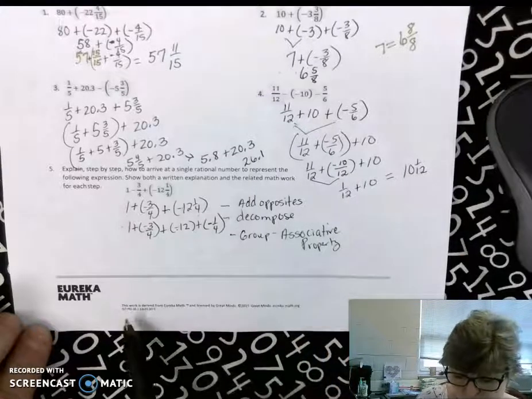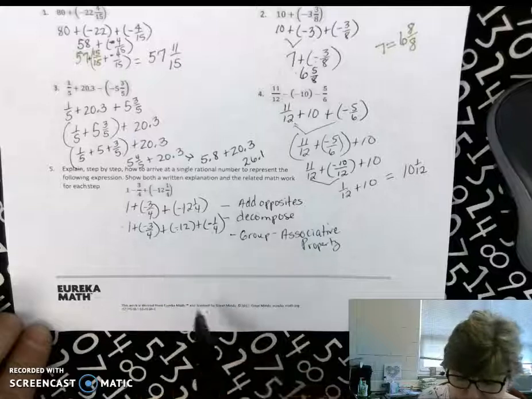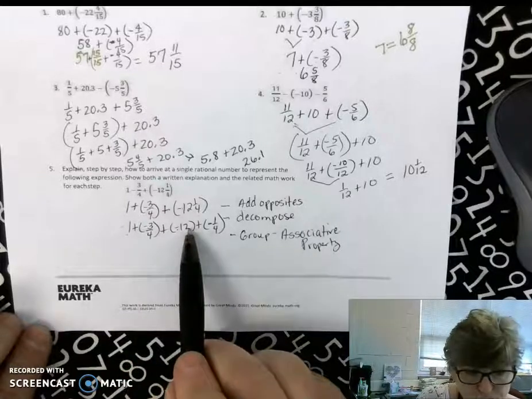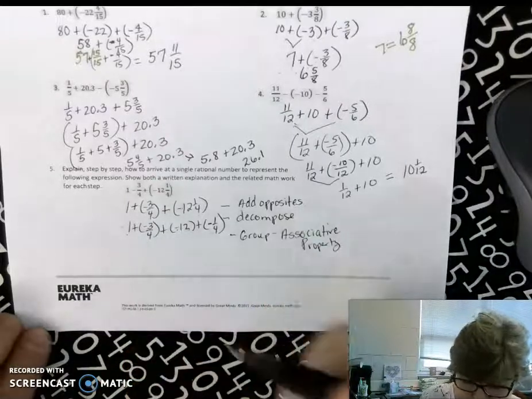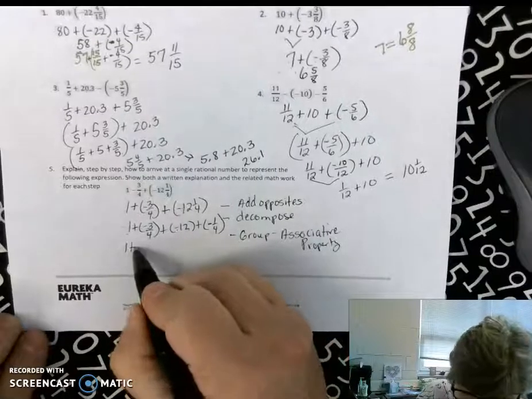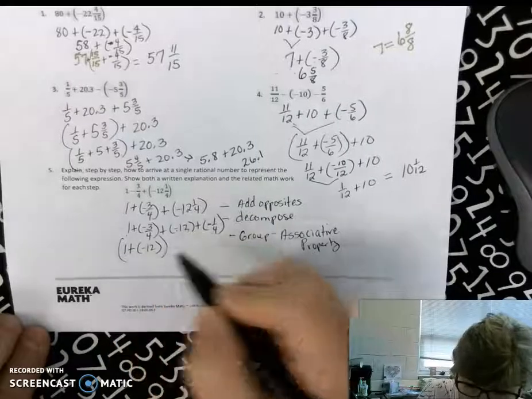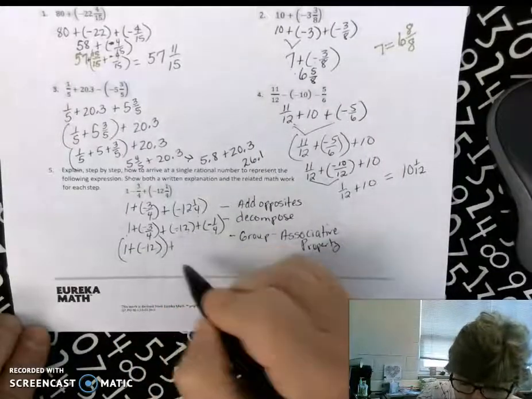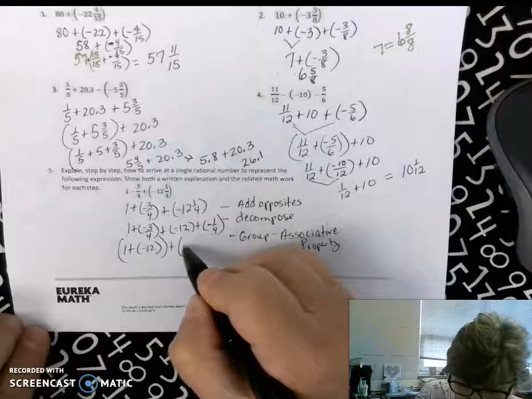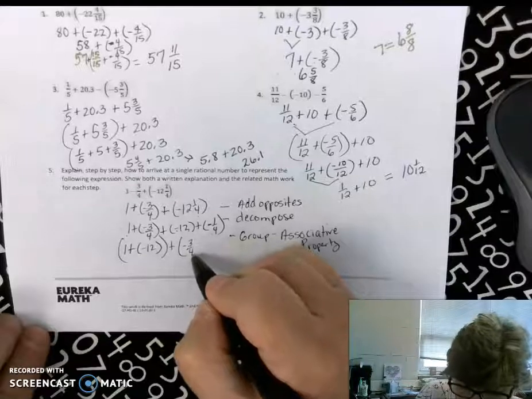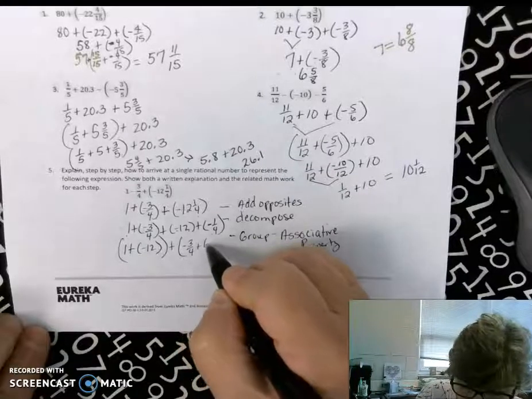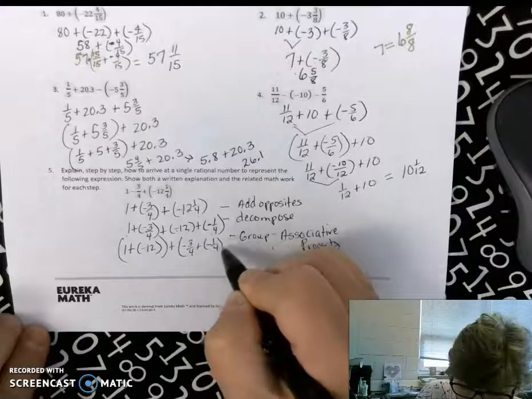I'm going to group my fractions together, and then I'm going to group my integers together. 1 plus negative 12 plus negative 3/4 plus negative 1/4.